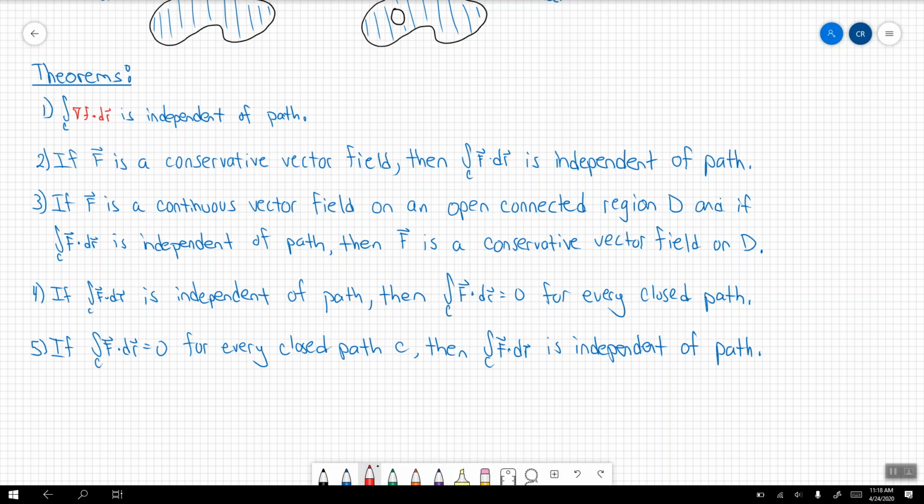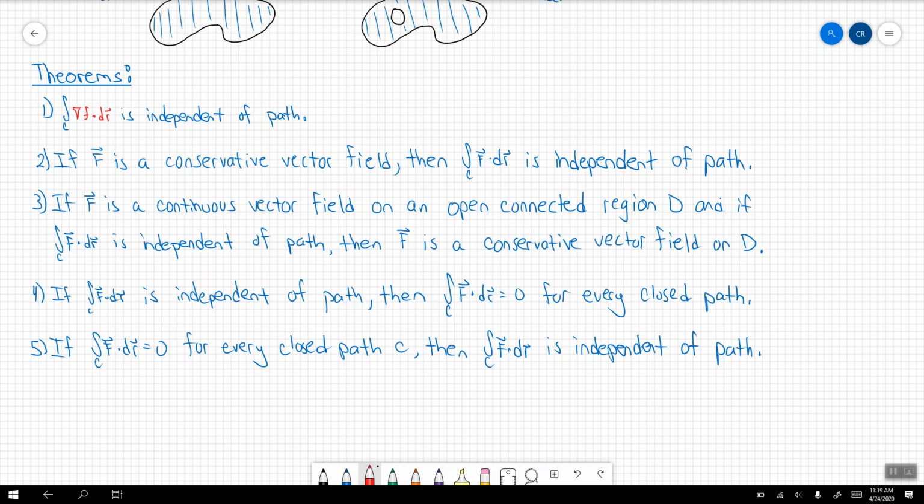All right, the next one: if we have this line integral being independent of path, then when we take the line integral over any curve that we can find, it must be equal to 0, and this only holds for every closed path. We have to be very careful there.